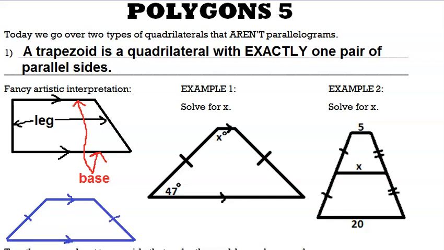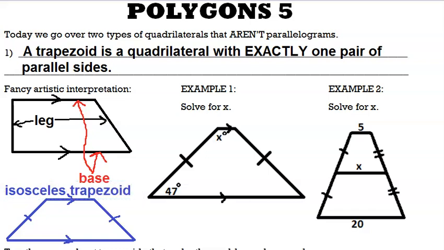If you ever end up with a figure that has one pair of parallel sides and then the other pair is congruent and it's not a parallelogram, then you would get something that looks like this. And I'm just going to name it for you real quick. This is called an isosceles trapezoid.